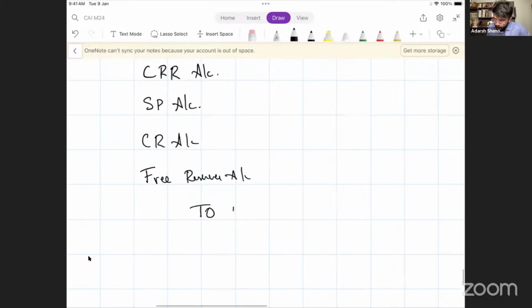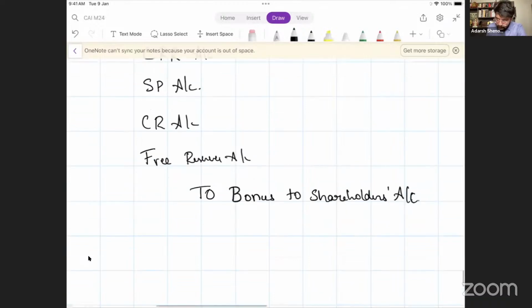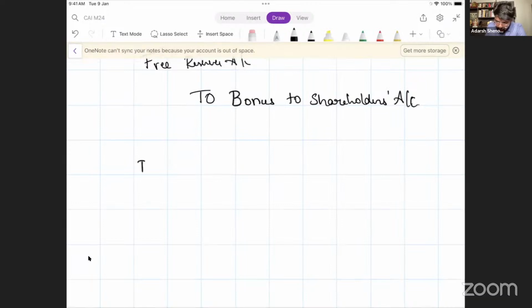As soon as the company announces that it is issuing bonus shares, we pass a due entry. So we credit the bonus to shareholders account. Bonus to shareholders account. Okay. Next, while issuing the bonus shares now, we will debit this bonus to shareholders account.